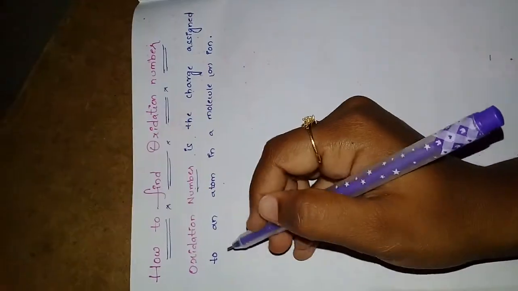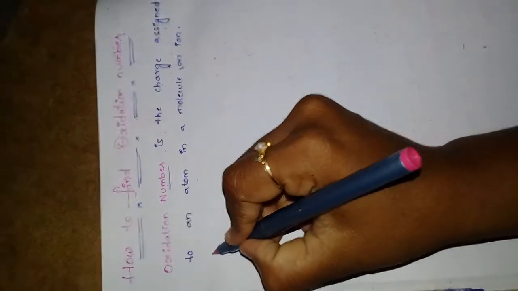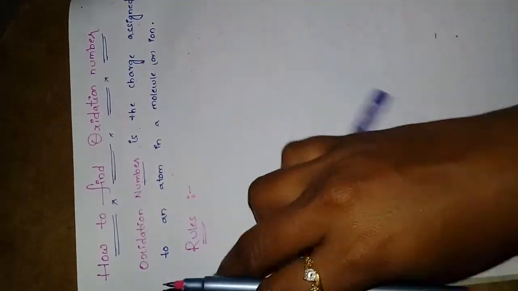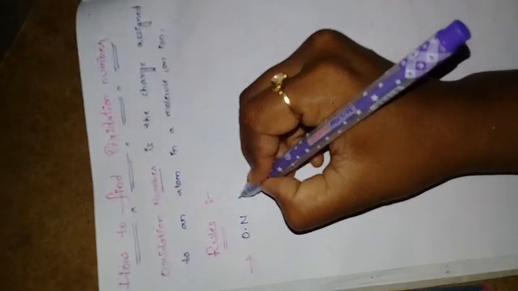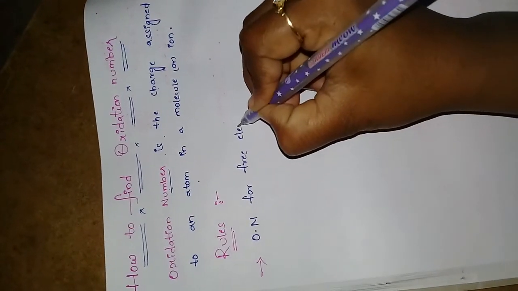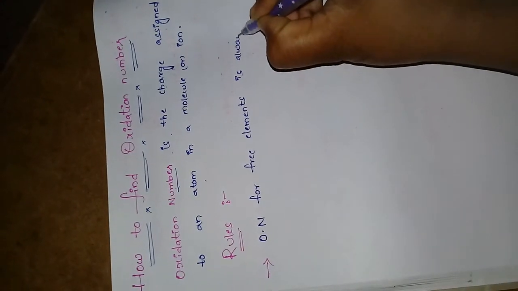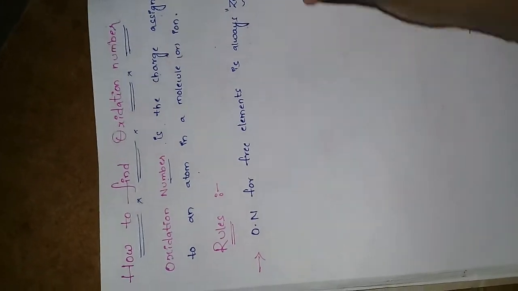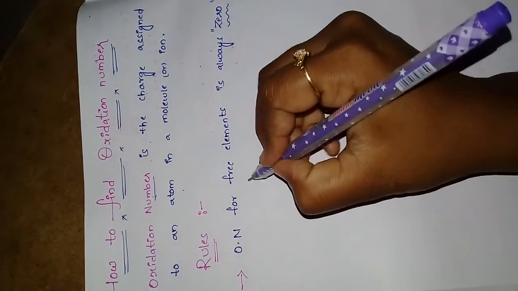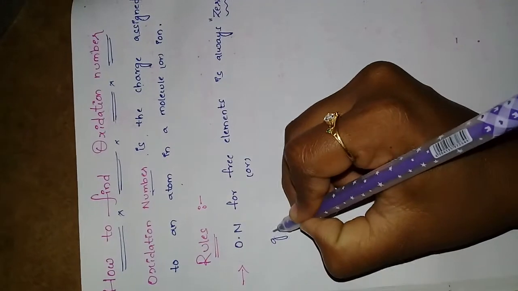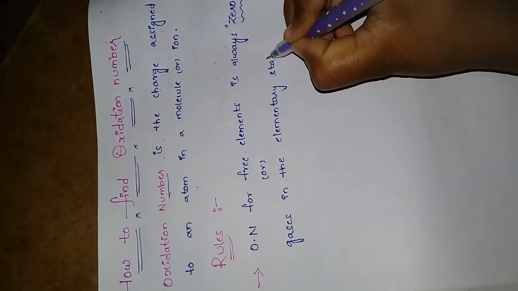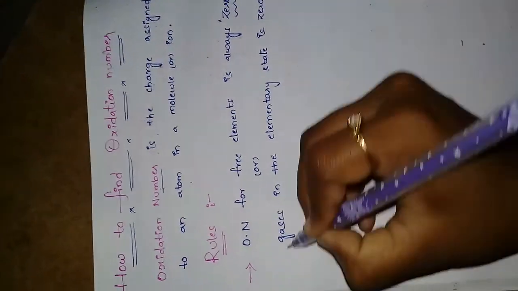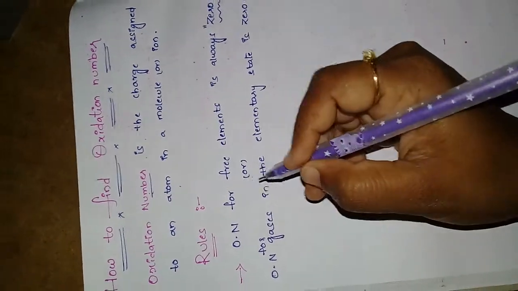To find oxidation number, we want to follow some rules. Rules to find oxidation number are: I am writing oxidation number like ON.